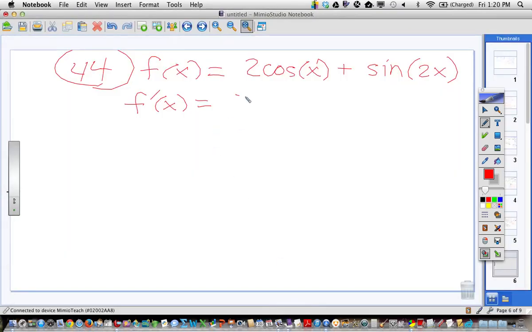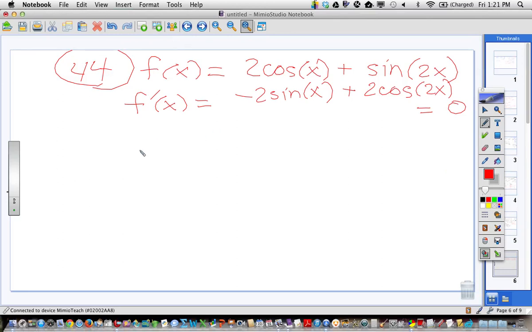If you were doing it, you probably would have had negative 2 sine x, and then we get to kick out the 2 cosine 2x, right? And then that's got to equal 0. Don't forget you got to set that equal to 0. If you're solving an equation, you've got to have the equation on your paper. Some of you on the quiz just did the derivative and nothing else. You've got to put on the equal 0.